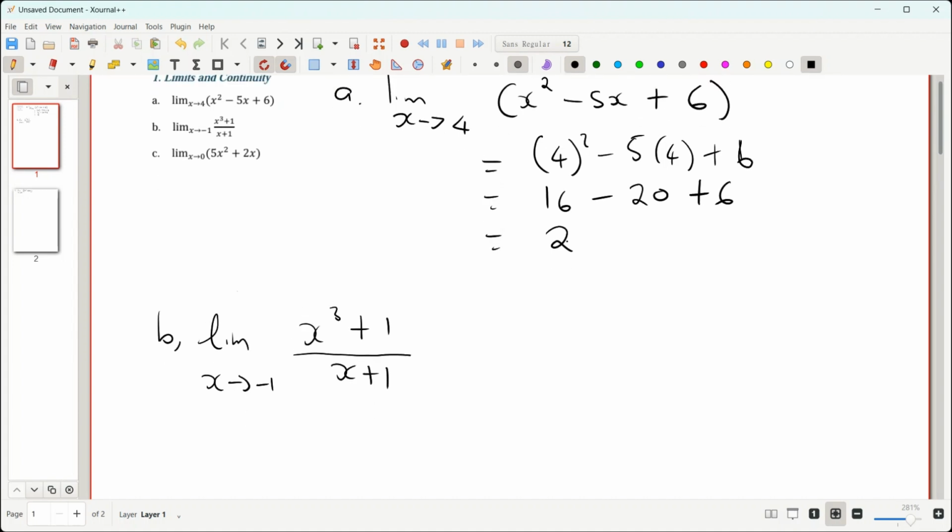So for the second one, which is number B, we have to determine the limit as x approaches -1 of this expression.